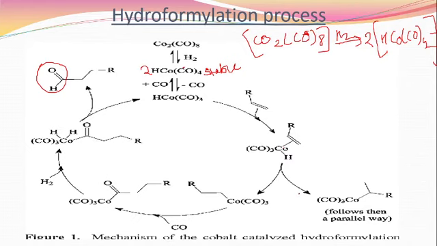Then after that, what happened? Here this pi bond gets converted to a sigma bond. How is this possible? By the 1,2 migratory insertion. 1,2 migratory insertion. Okay, then what happened? This is carbon number 1, this is carbon number 2.